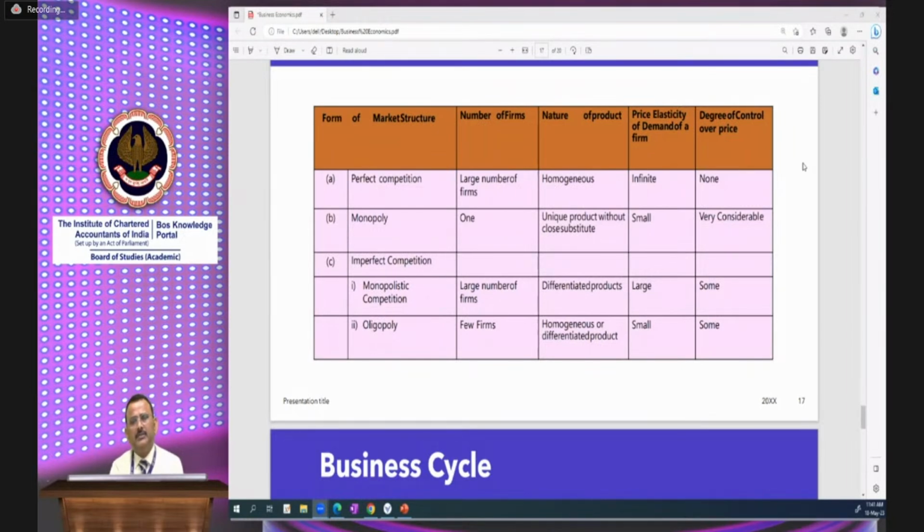Then comes monopoly. Monopoly is a market structure where there is only one firm. They produce unique products without close substitutes. So you don't have any choice but to purchase that product only.